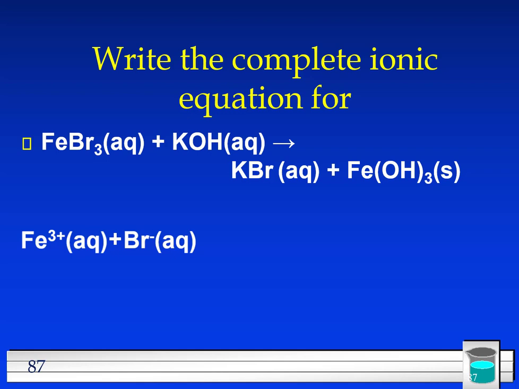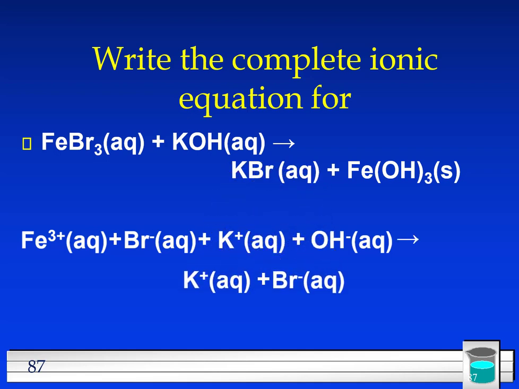Is there really any KOH? It says aqueous, so nope. So the ions in KOH are K+ and OH-. Is there really KBr? It says aqueous, so it's really K+ and Br-.